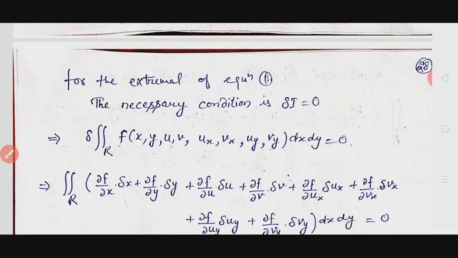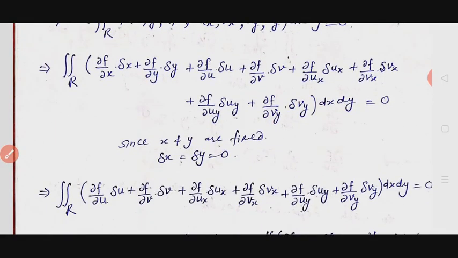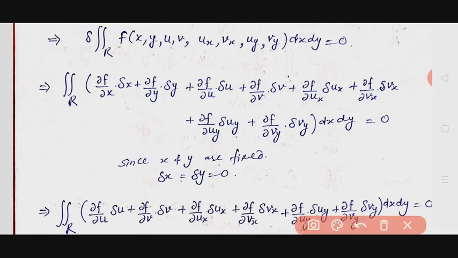When you apply the chain rule, you will get this form: the partial of f with respect to x into delta x plus f with respect to y into delta y, f with respect to u into delta u, f with respect to v into delta v, f with respect to ux into delta ux, f with respect to vx into delta vx, f with respect to uy into delta uy plus f with respect to vy into delta vy, dx dy is equal to 0.